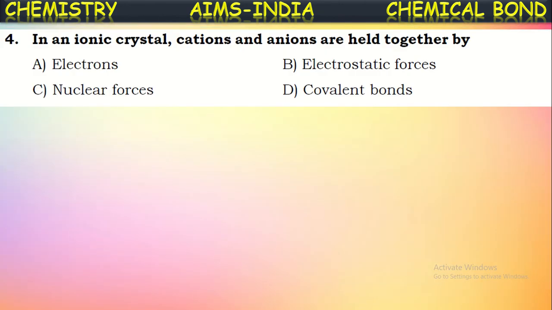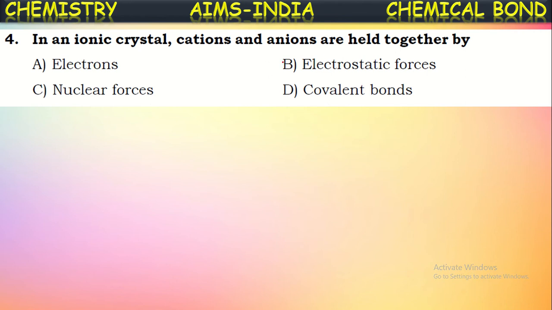So the next one. In an ionic crystal, cations and anions are held together by. In an ionic compound, cations and anions will be held together by electrostatic force of attraction.